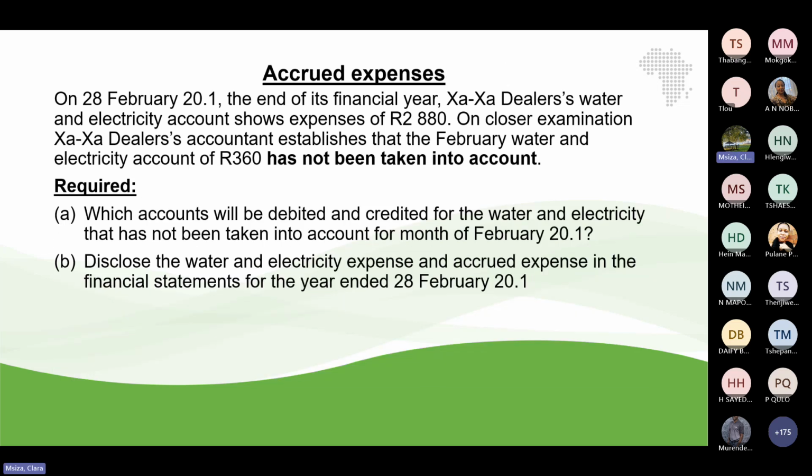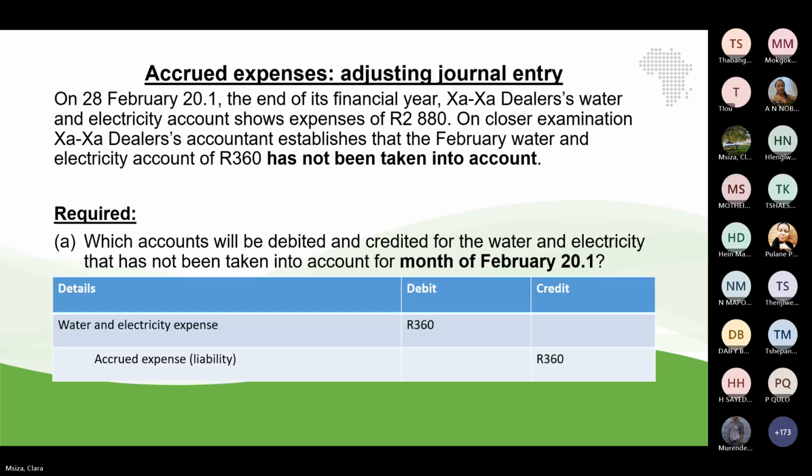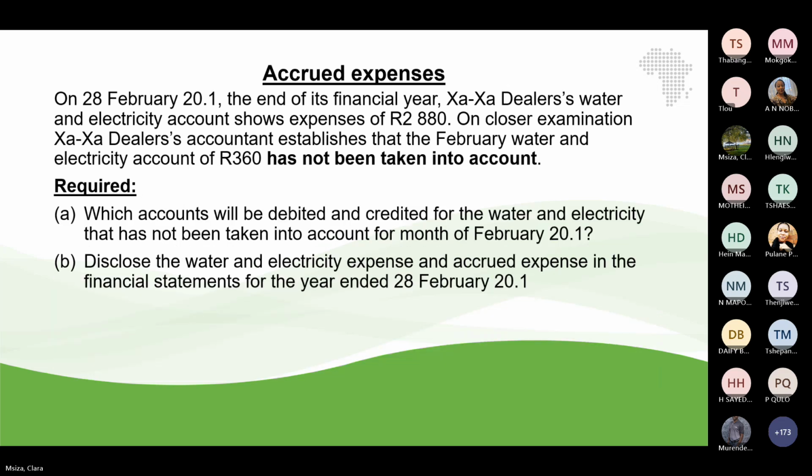So this is our scenario. We have our information here: on 28 Feb 20.1, the end of its financial year. So they've given us financial year 20.1.